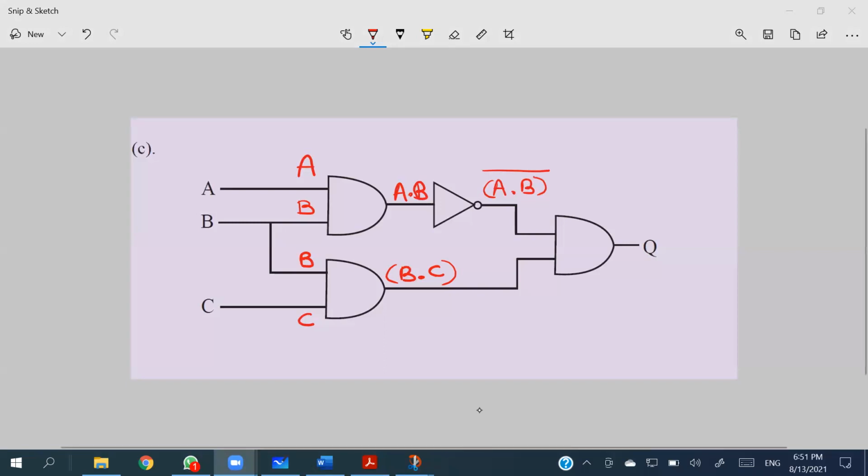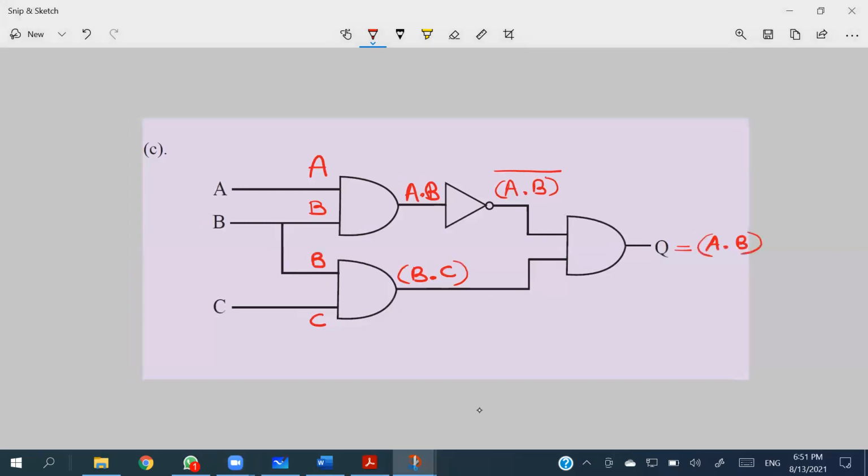So the output is going to be A dot B bar comes from one side, B dot C comes from the other side. Then this AND gate will multiply these two. Right? Or else if you use the dash, it's going to be A dot B dash dot B dot C.